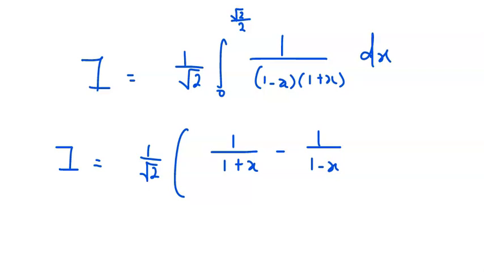So if you check here, we're going to have, no, we're going to have the negative first. So if you take this as this, then we're going to have up there 1 plus x minus 1 minus x, which obviously gives us 2x, right? So it means there will be 1 over 2 outside.